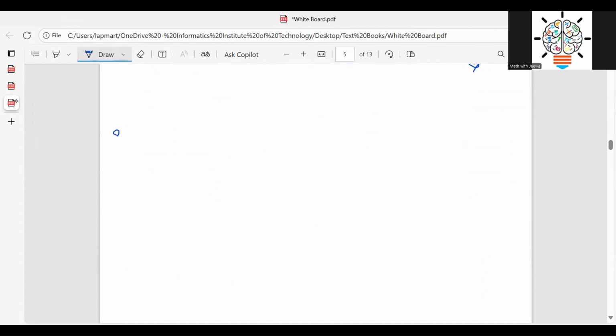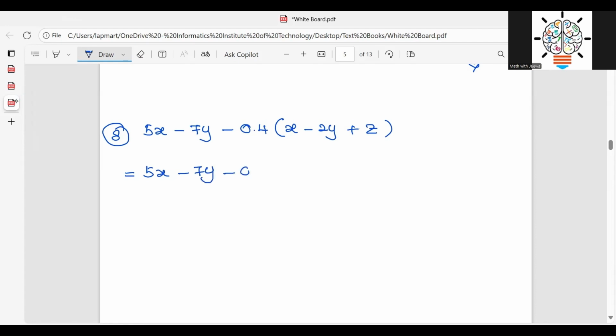Then question number 8. We have 5x minus 7y minus 0.4 and x minus 2y plus z, right? So then here I write 5x minus 7y minus 0.4x plus 0.8y minus, here you can see that this is how I multiply, right?